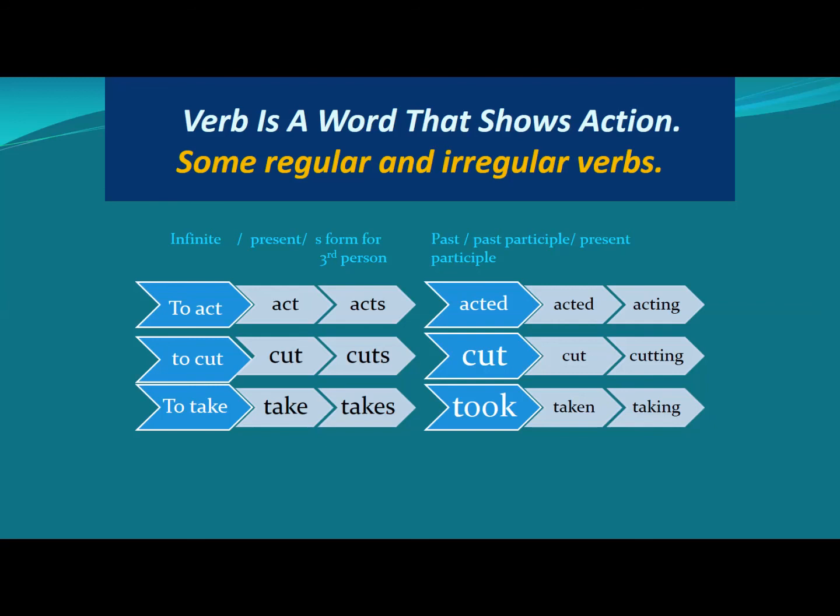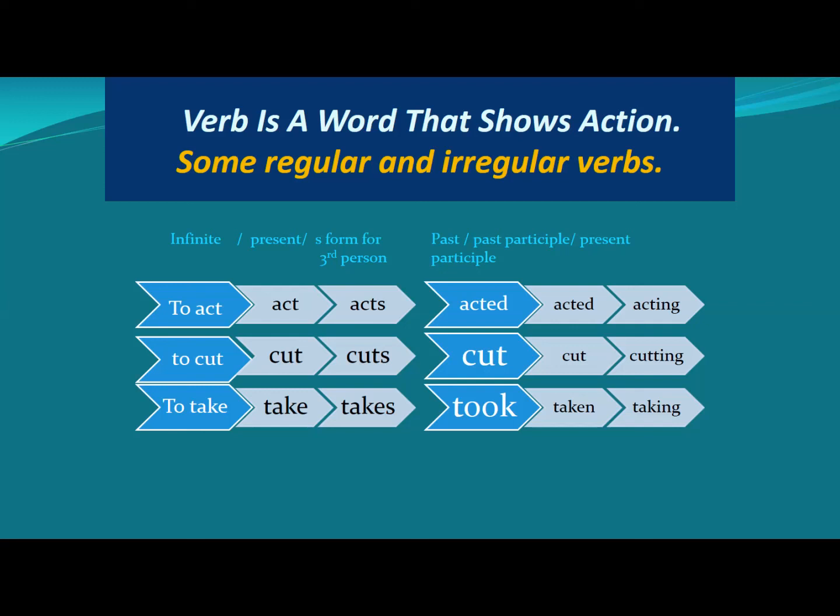Over here are some regular and irregular verbs. Children, there are so many verbs and they have their own forms. For example, to act. To act is the infinitive form of the verb, and it is used when we are not supposed to tell about the time. Then act is used in the present tense.